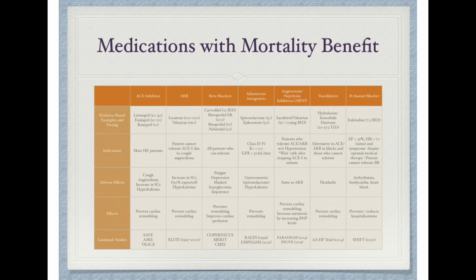Finally, there is the funny channel blocker, ivabradine. This is indicated to reduce hospitalizations, but it only can be used in patients with ejection fractions less than 35%, with heart rate greater than 70 despite being on the maximum tolerated dose of beta blocker, and who are in sinus rhythm, as one of the major side effects of this drug are precipitation of arrhythmias such as atrial fibrillation.